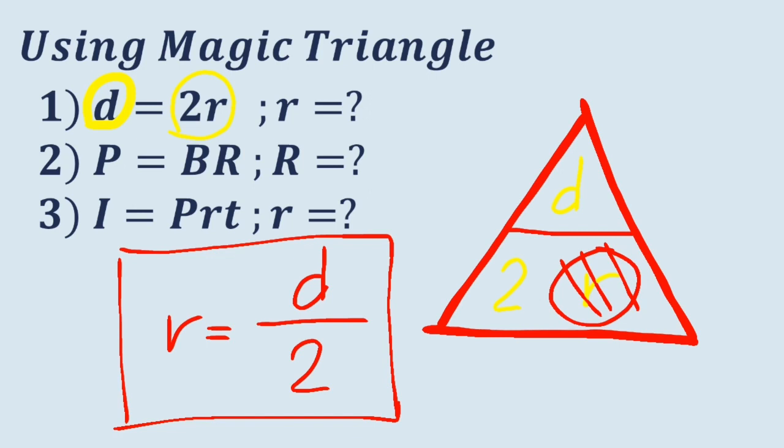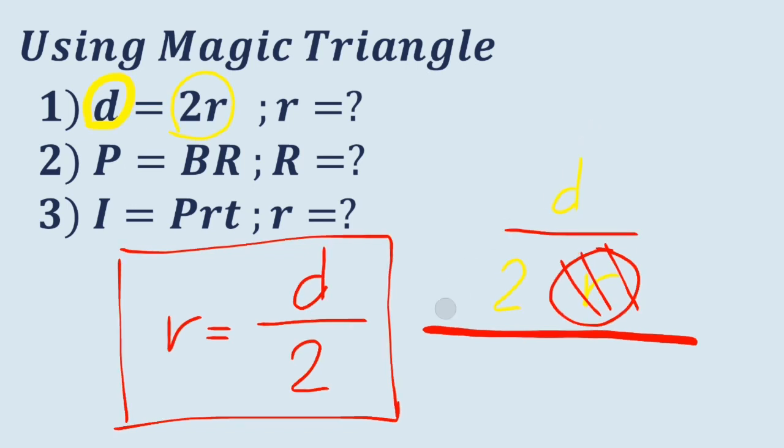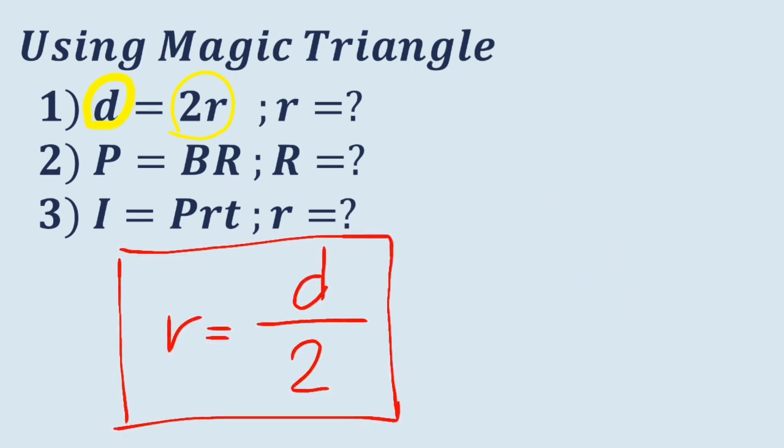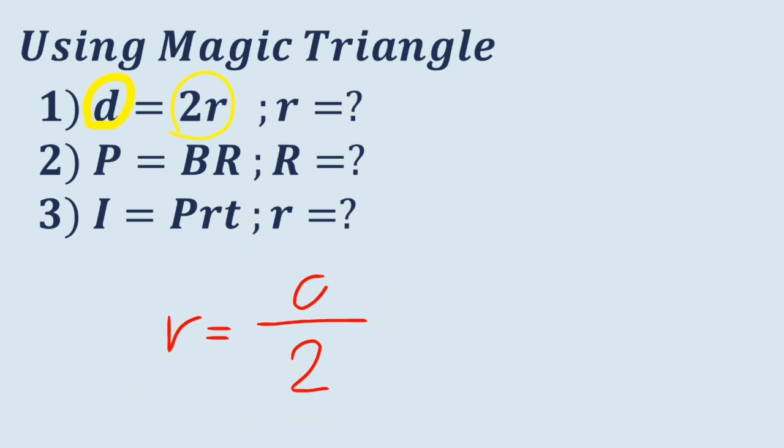Okay, what if we have this example 2? Okay, let's erase this one, and this one. Now, let's again draw a magic triangle.